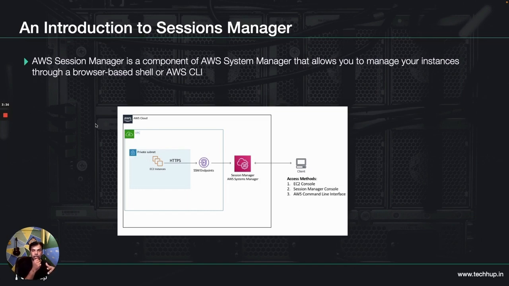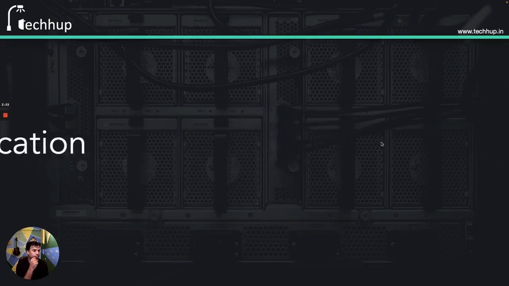This tool can be extremely helpful if you have lost communication to your EC2 instances via your normal methods, like your private key if you have misplaced it. We'll talk in detail about the use cases in the next slide.